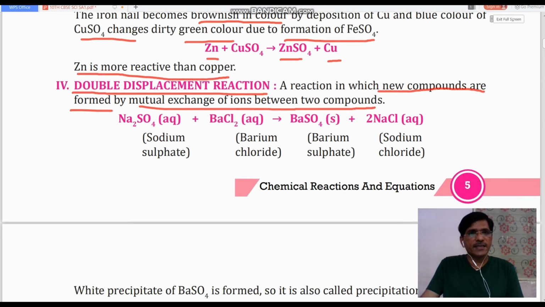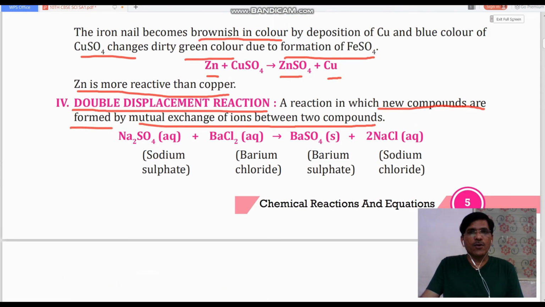Why can we say it is a double displacement? Because sodium and barium both are metals, and they exchange ions between two compounds. It is in the form of ions, so we can say Na plus 1 and here barium, Ba plus.